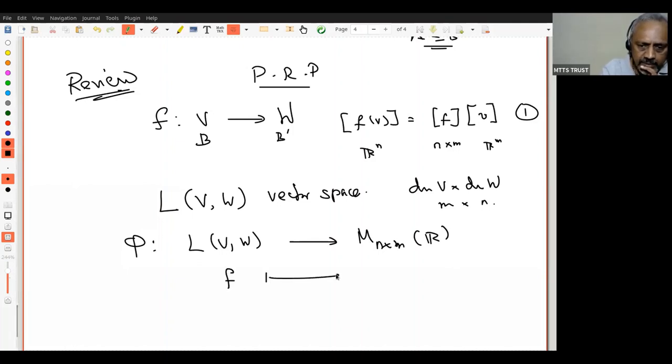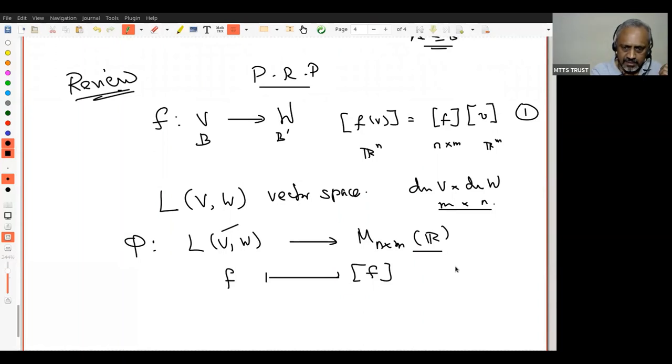Give me a linear map and send it to the matrix representation of this linear map. Notice that this is a vector space of dimension mn, this is also a vector space of dimension mn, right? So the natural thing I would like to know is whether phi is a linear map. Second, I will become greedy. Since both have the same dimension, I may be tempted to ask whether this is actually a linear isomorphism. These are all very natural expectations, right?